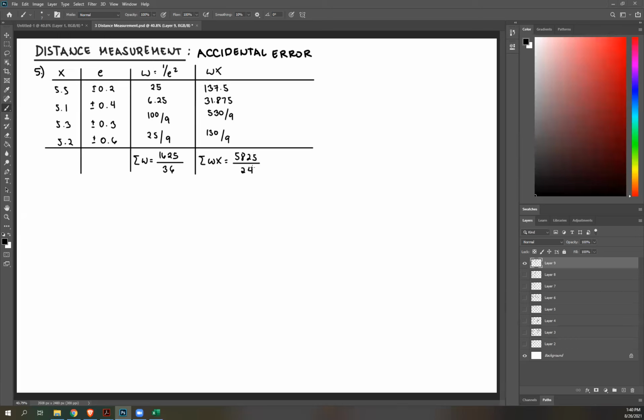Okay, so now we have all of the things we need to get the most probable value. So MPV is just summation of WX over summation of W. So subbing here, divide by this, our final answer would be 5.38.